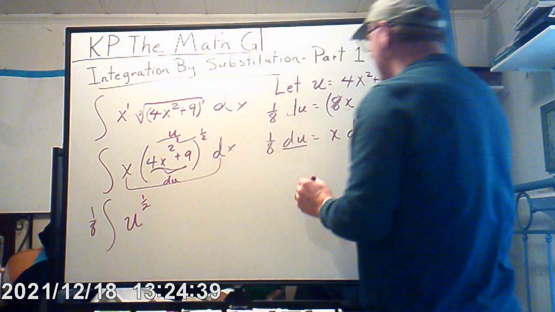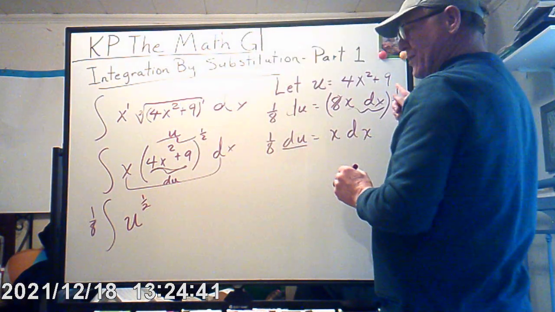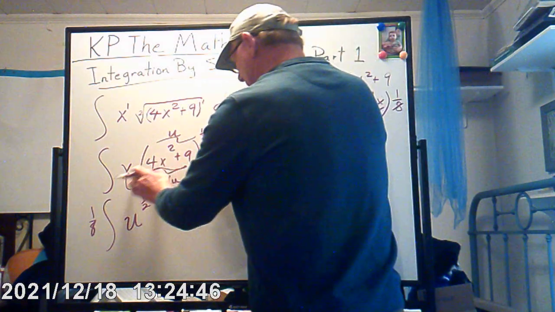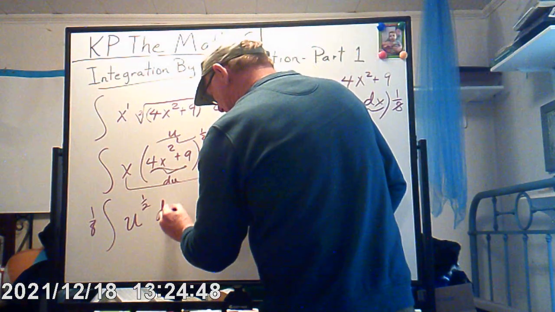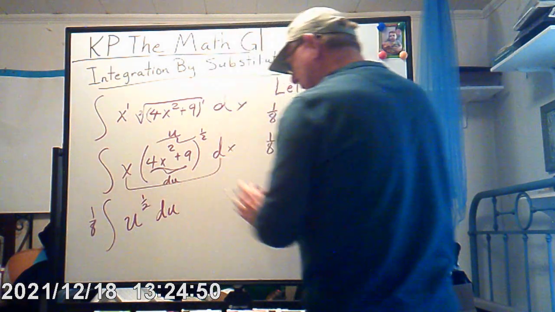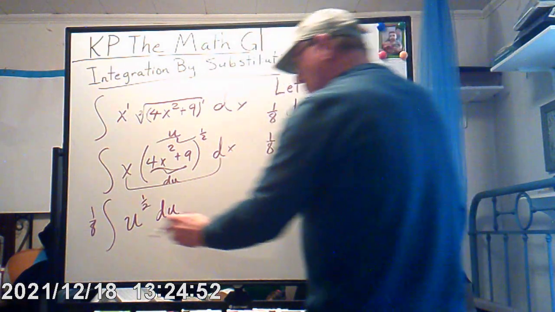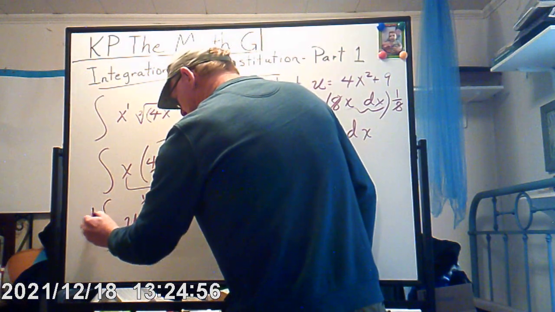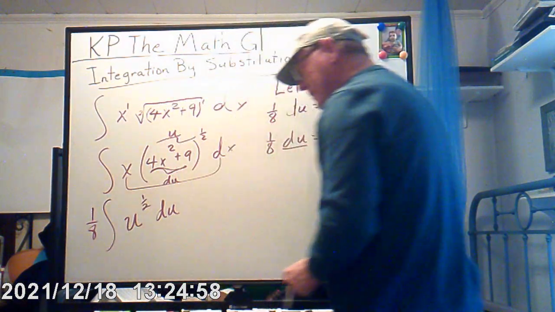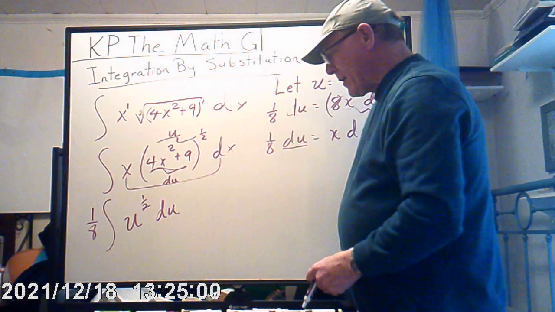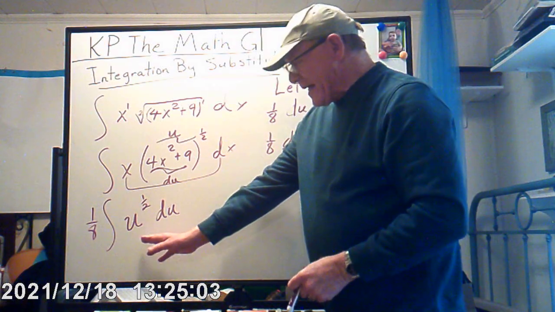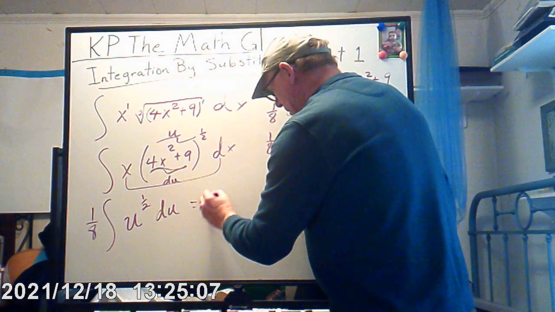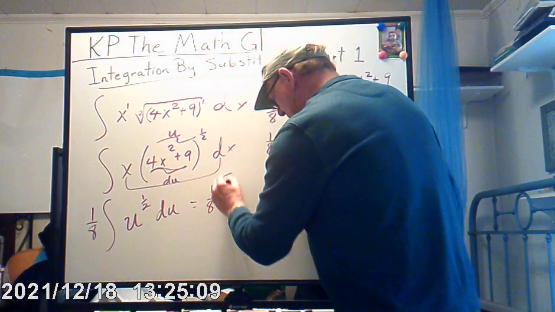Let's let u be all of this, so u is to the 1/2. du is x dx. We have the 1/8 out on the outside. There it is, and I can easily integrate this. So this is 1/8, box it in.